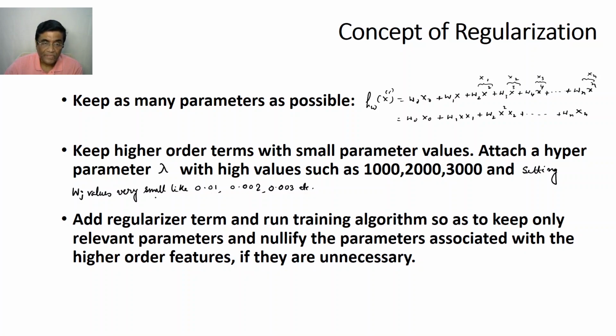So if your model contains W values like this, it is your choice, you can just remove them, because the features whose attached parameter values are like this are maybe not relevant features. So this is the basic concept.